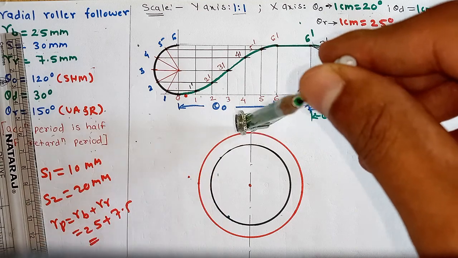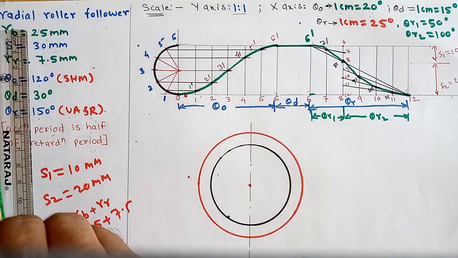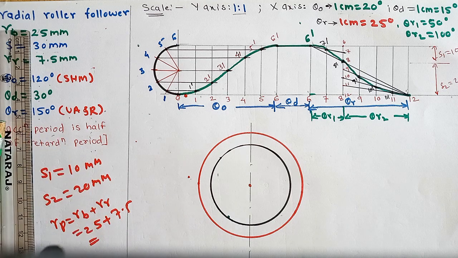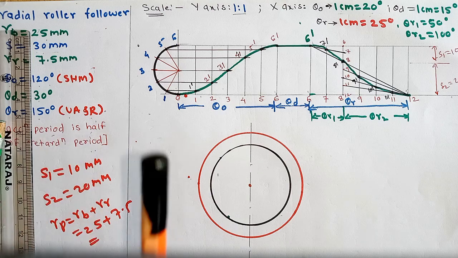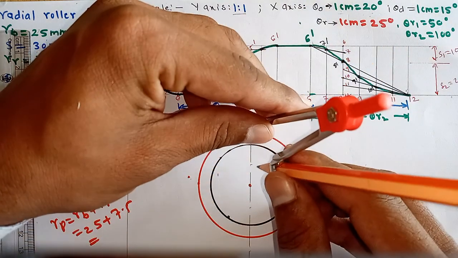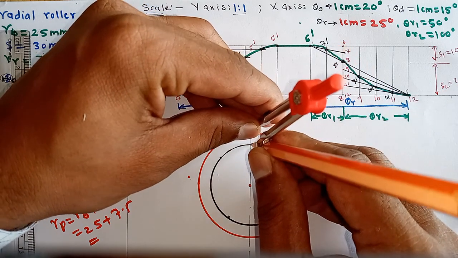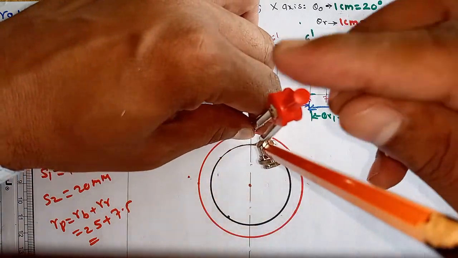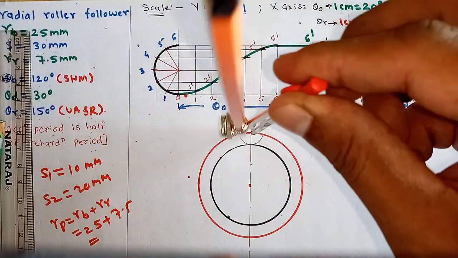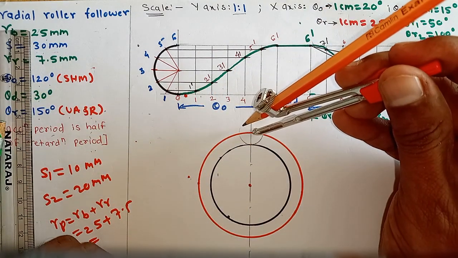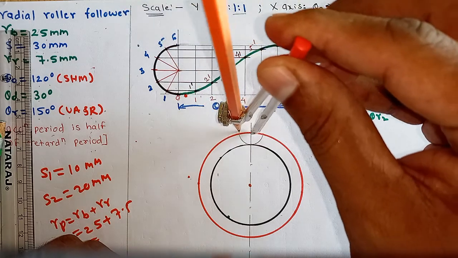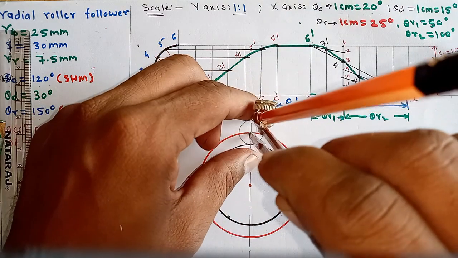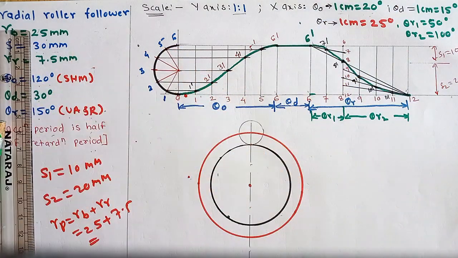So this is the position of the roller when the follower is at lowermost position.